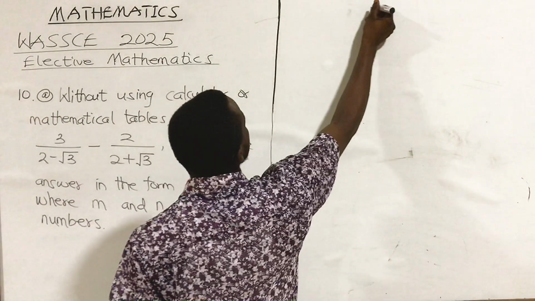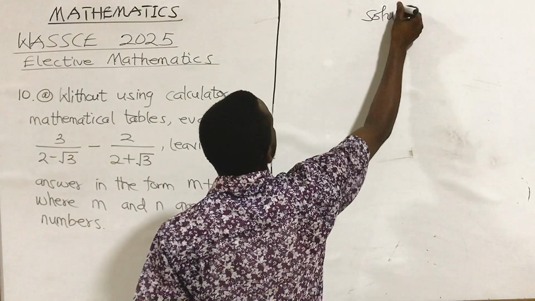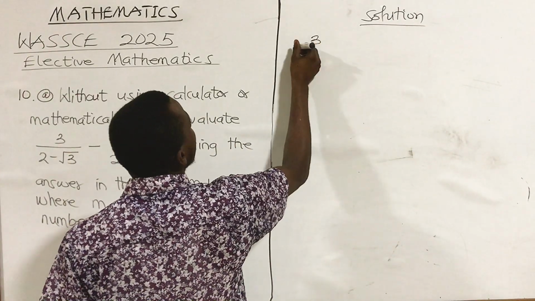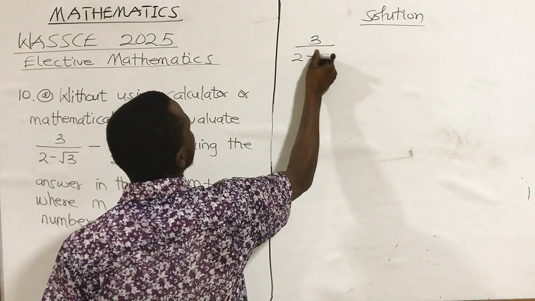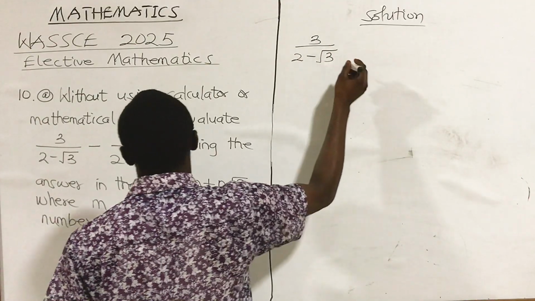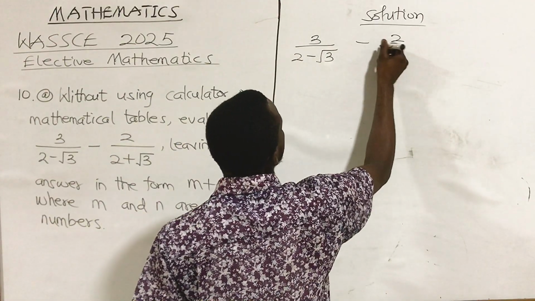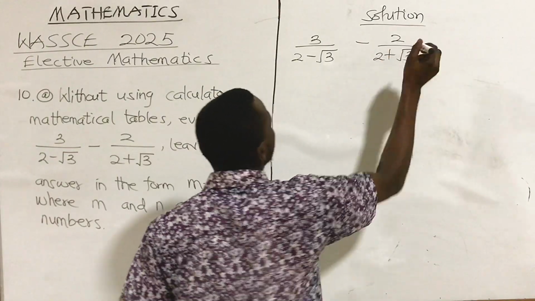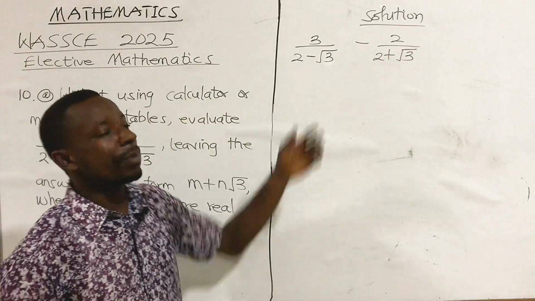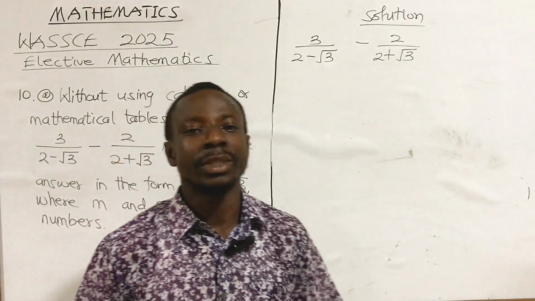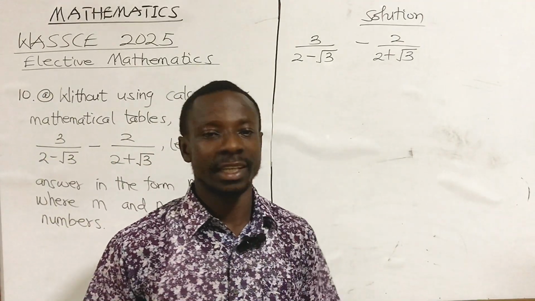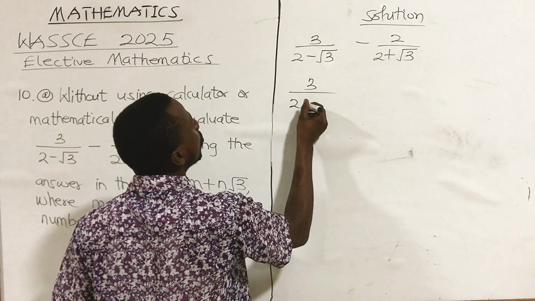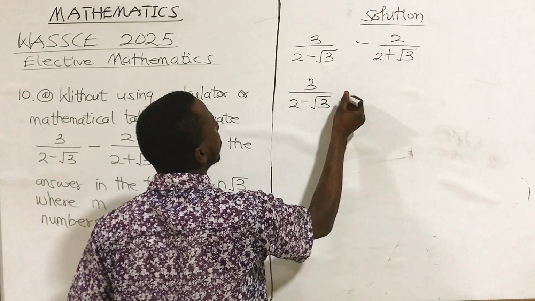So we have 3 over 2 minus root 3 minus 2 over 2 plus root 3. So from here, we are going to take them one after the other. So now I'm going to start with 3 over 2 minus root 3.